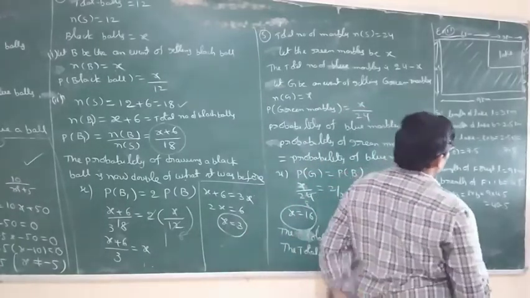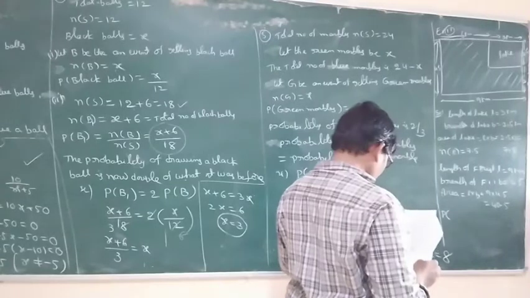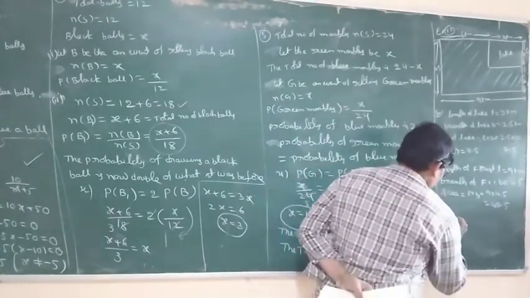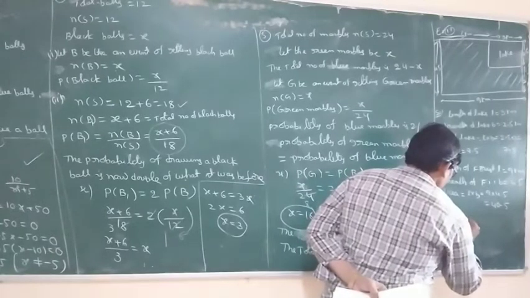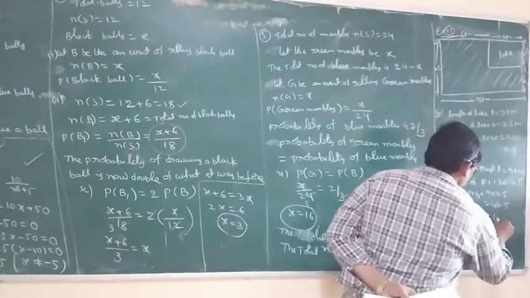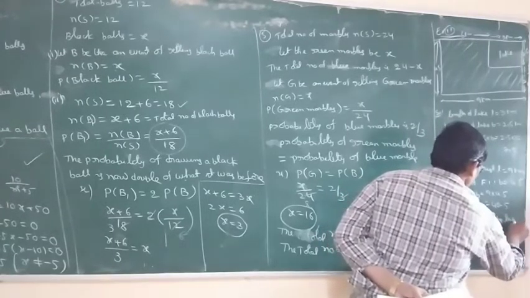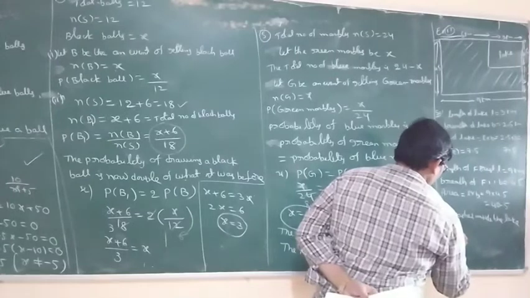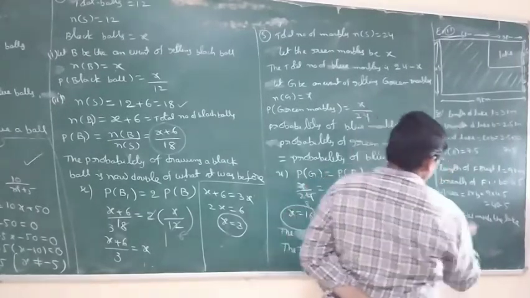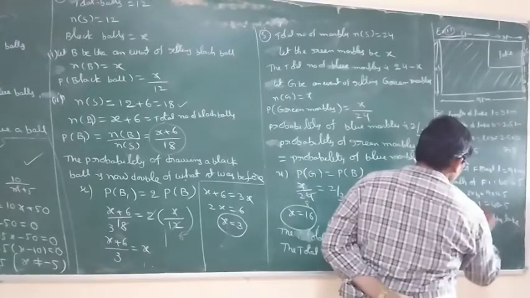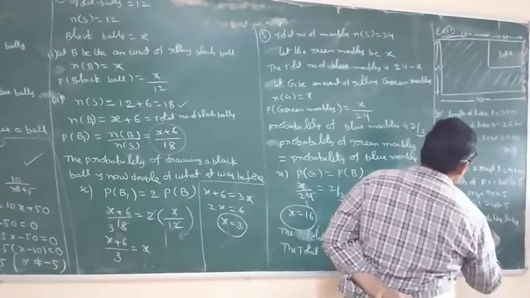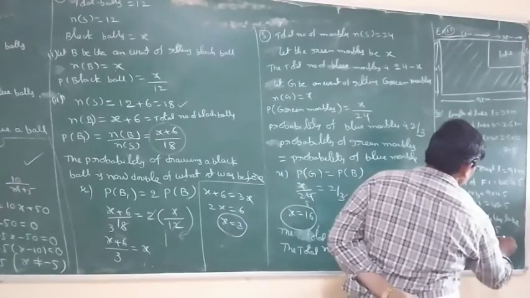Probability of crash inside the lake is equal to N of E by N of S. N of E is equal to 7.5.